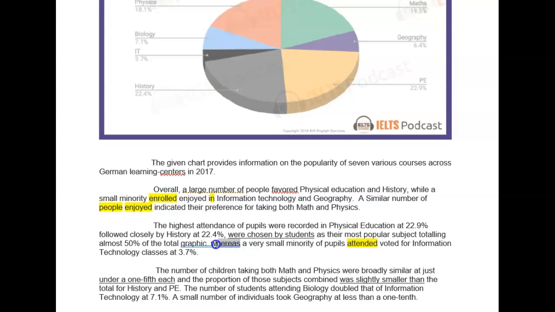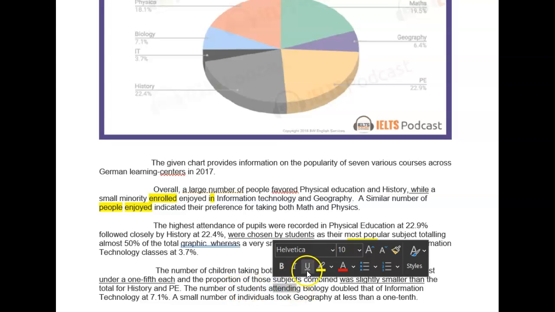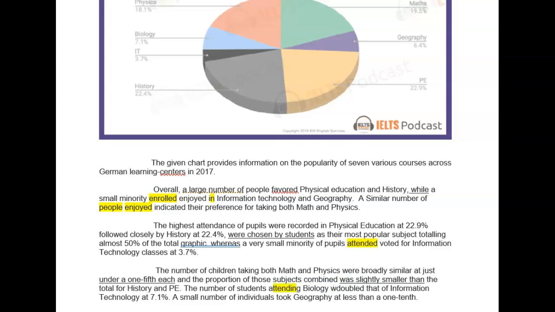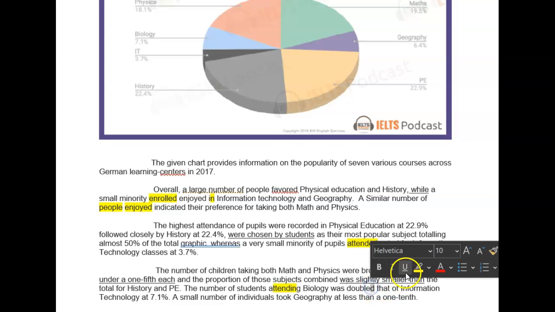Okay. Whereas, nice contrasting word there. While again. So you've got some really good stuff in here. You just need to make it longer. Okay. Final bit. The number of students attending. So again, change attending. Biology. Was double that. You can't make that into a verb here. Yeah, this could be it.